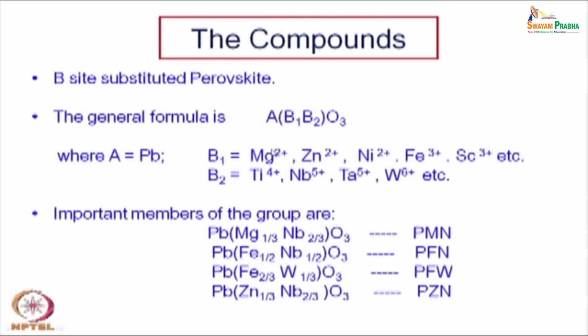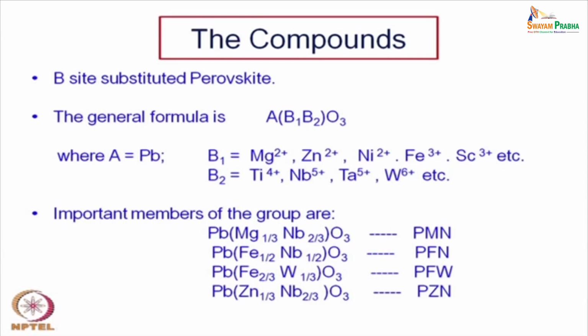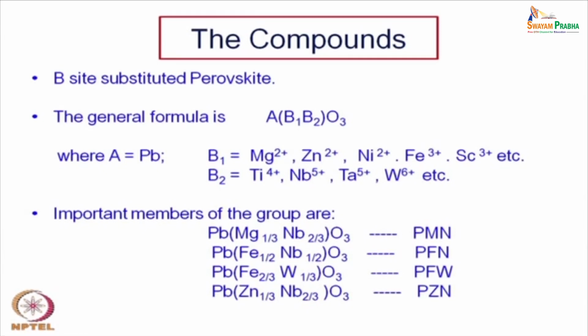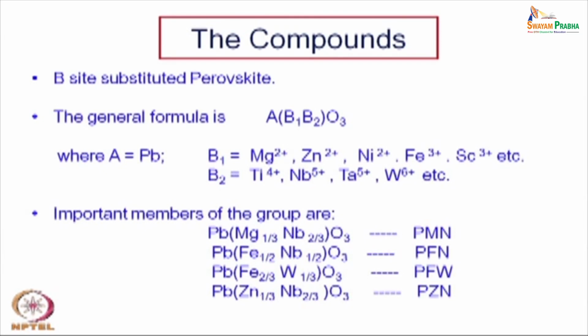B1 can be mostly divalent or trivalent elements like magnesium, zinc, nickel 2 plus, Fe 3 plus, scandium 3 plus, etc. So, either it is 2 plus or 3 plus. Consequently, B2 will be either 4 plus or 5 plus, or it can even be 6 plus.